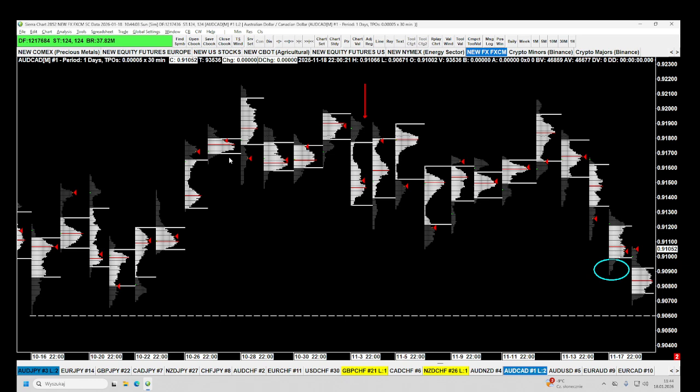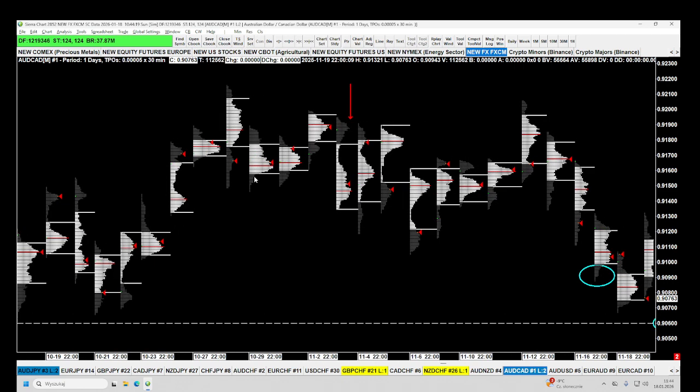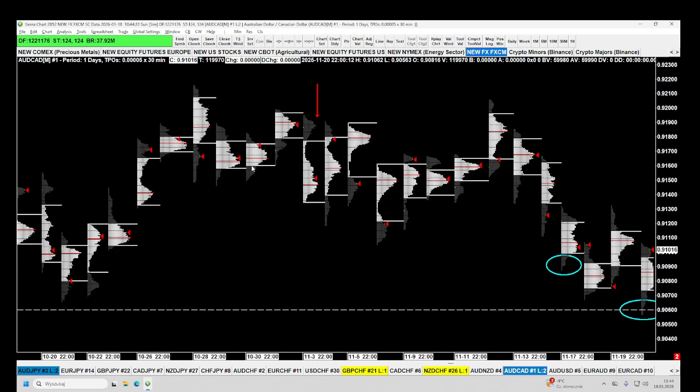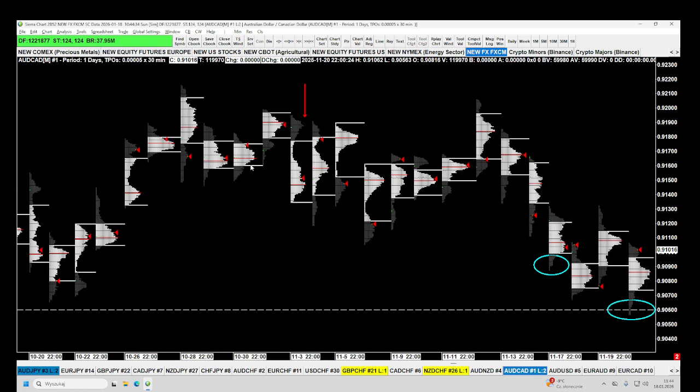This day was overlapping with this one, this day with this one, and this value area was overlapping with the prior one. So when I see such a pattern, at least for me, in this market understanding, I can merge those days into what we call a composite profile.